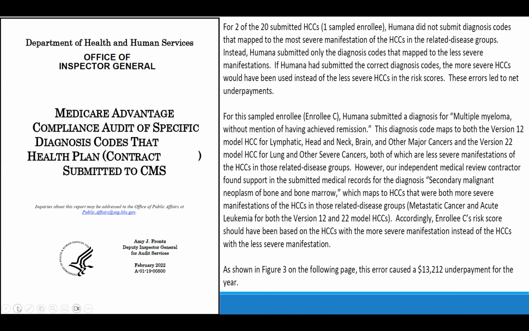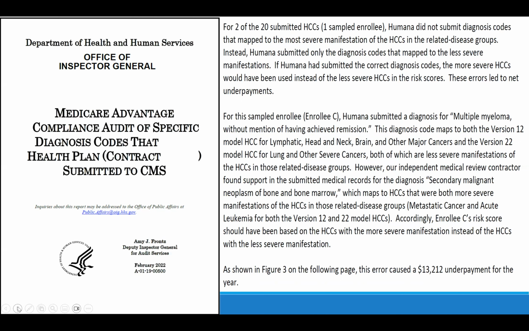For 2 of the 20 submitted HCCs, Humana did not submit diagnosis codes that map to the most severe manifestation of the HCCs in these related disease groups. Instead, Humana submitted only the diagnosis codes that map to the less severe manifestations. If Humana had submitted the correct diagnosis codes, the more severe HCCs would have been used instead of the less severe HCCs. These errors led to underpayments.